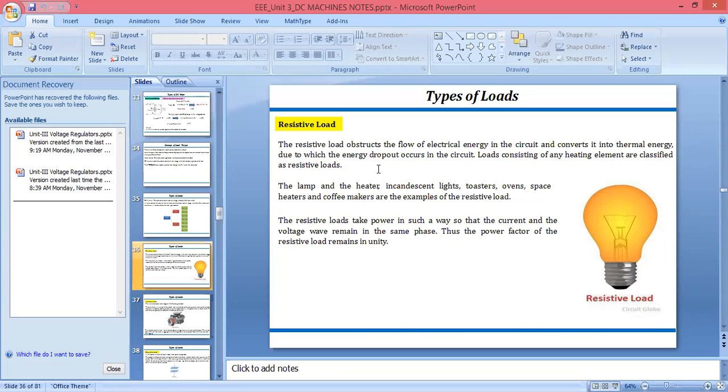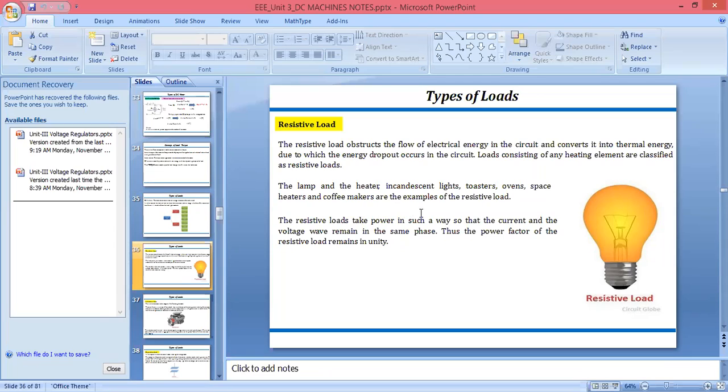Here you can see some examples of the resistive load: toaster, oven, heater. All of these take electrical energy and give it to us in the form of heat or in the form of energy which can be used as light. So we call this device a resistive load.